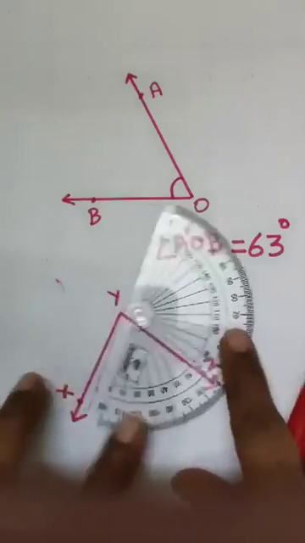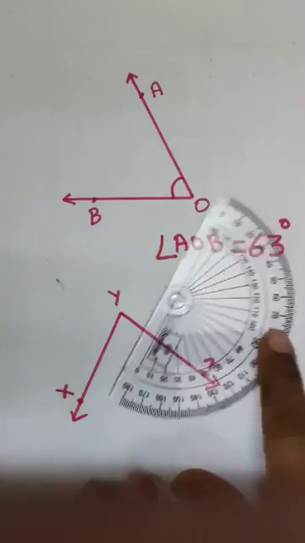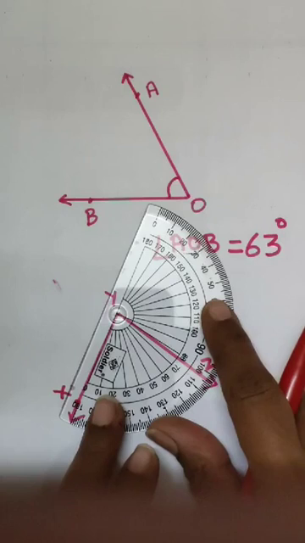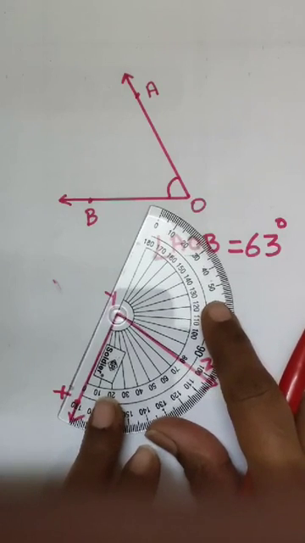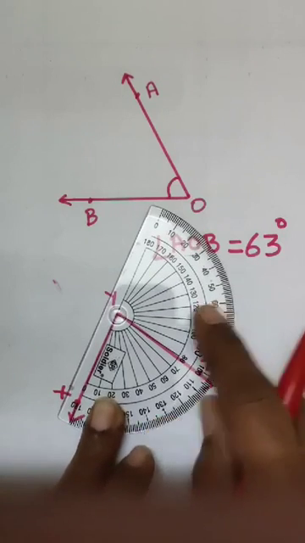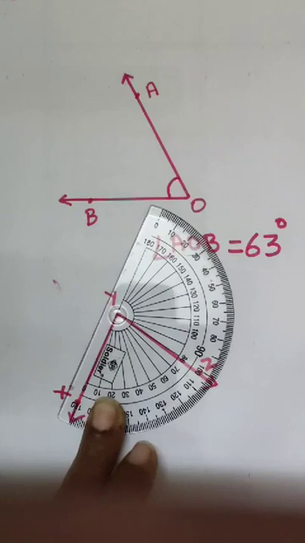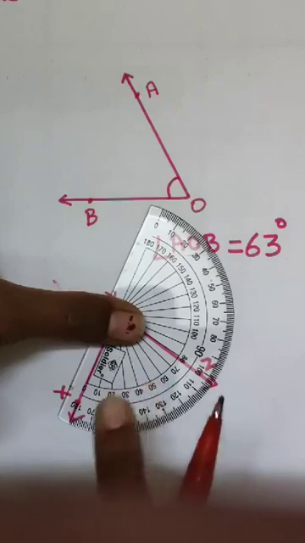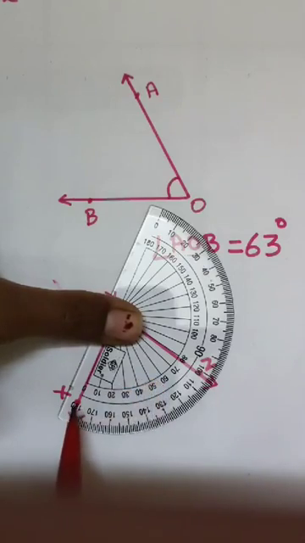See, I am taking XY as a baseline. Place the center point of the protractor on your baseline XY, like this. Now tell me, from which 0 degree will you start? Where is your baseline? This one.